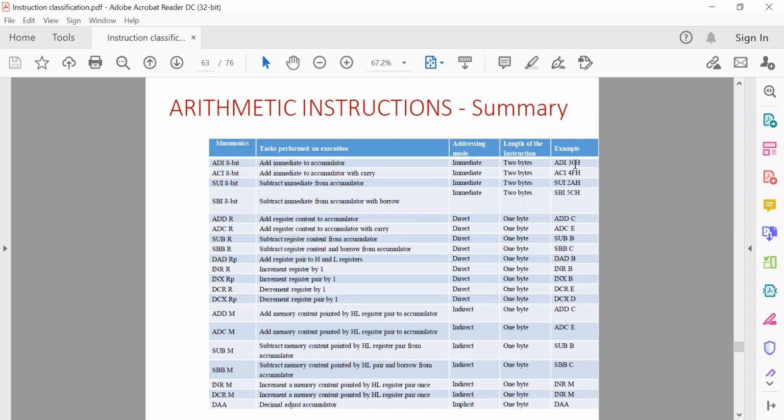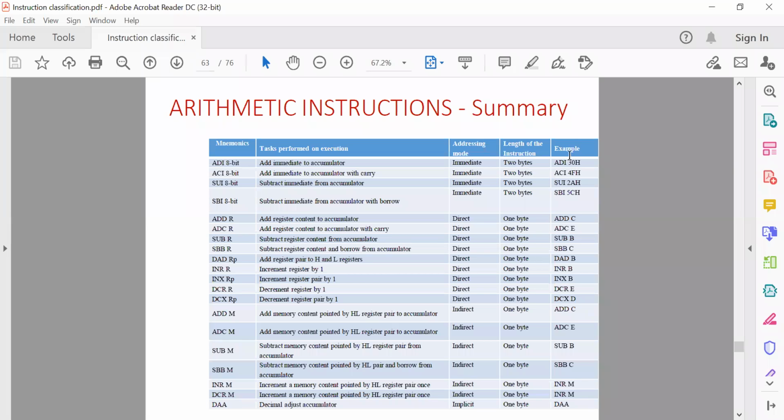I means there must be some data, as I told you earlier with MVI and LXI. Every I-related instruction is used for processing the data directly. So for the add instruction, there is no I. That's why it is a register to register operation. But if ADI is there, that means a register to data, particular data operation.